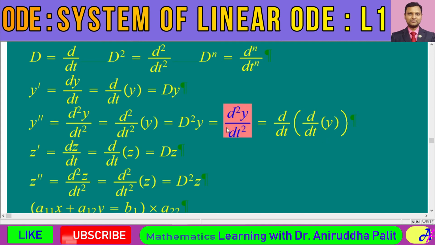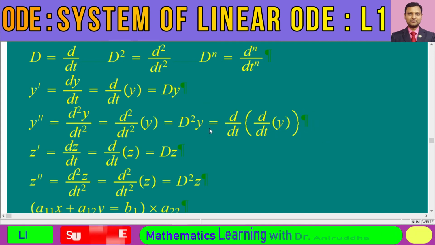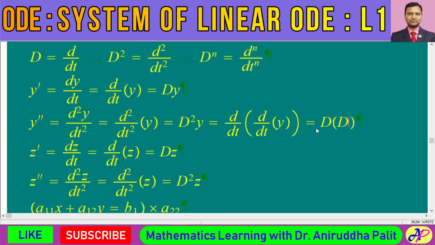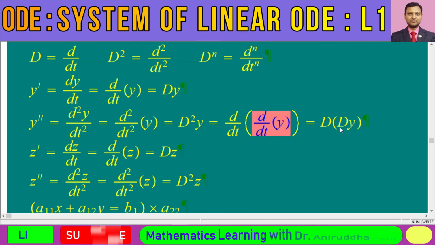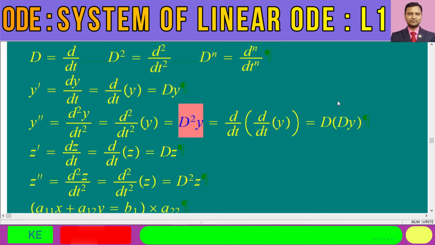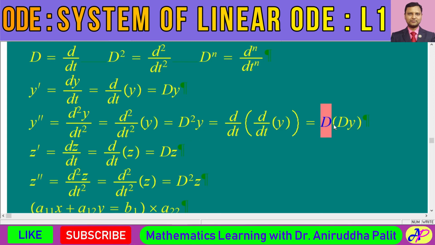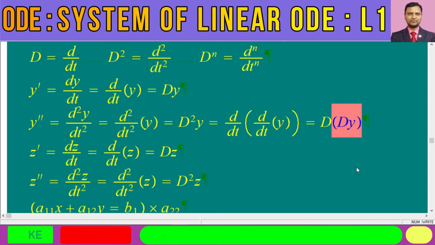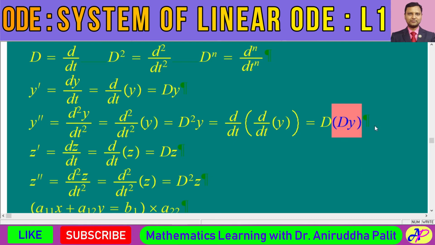That's why this expression can be written this way: D operated on D of y. This dy/dt is written as D of y. So this D squared is as if we are multiplying D on Dy. But we do not say multiplication, because multiplication would be mathematically a wrong word.